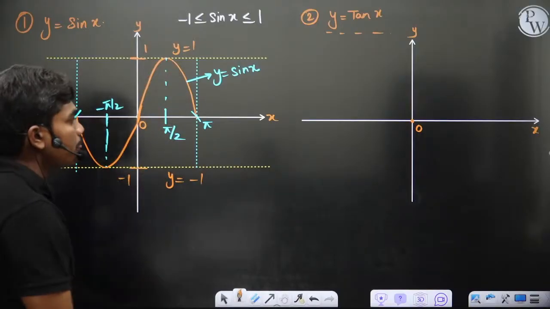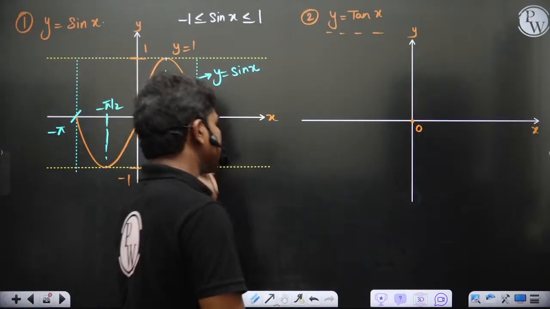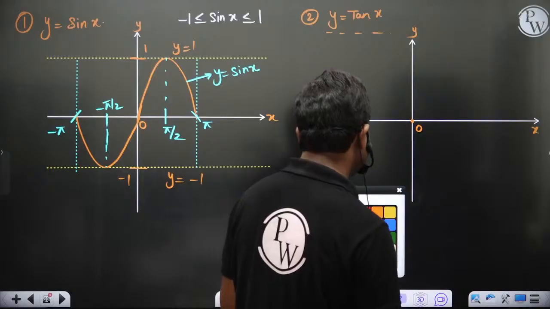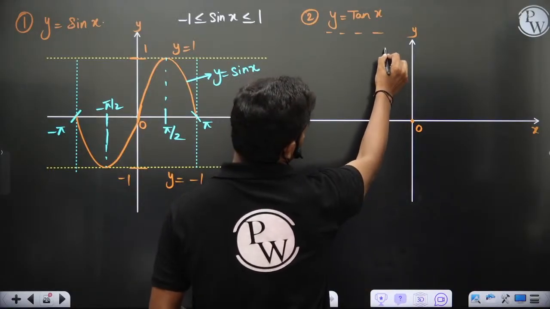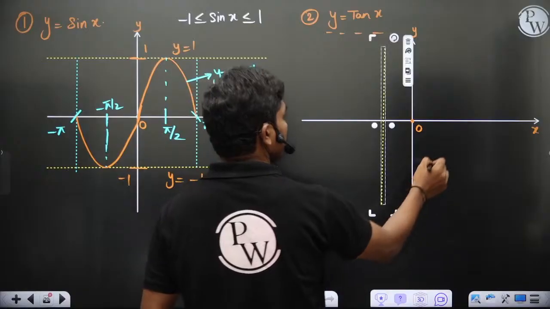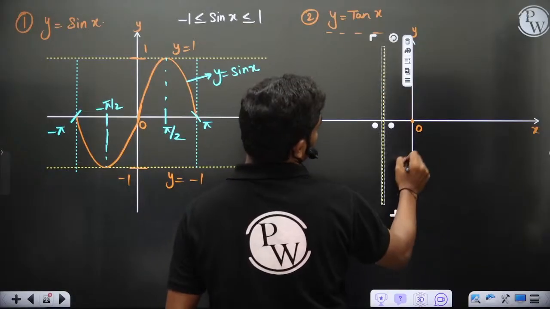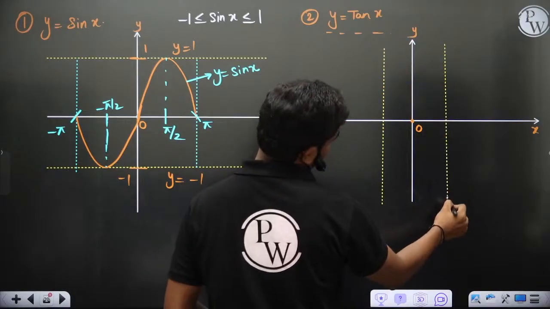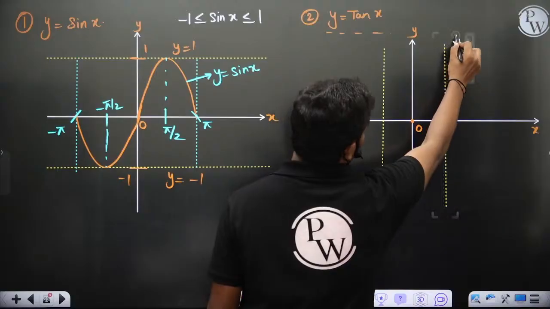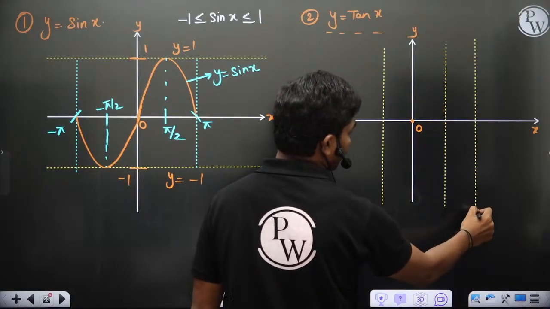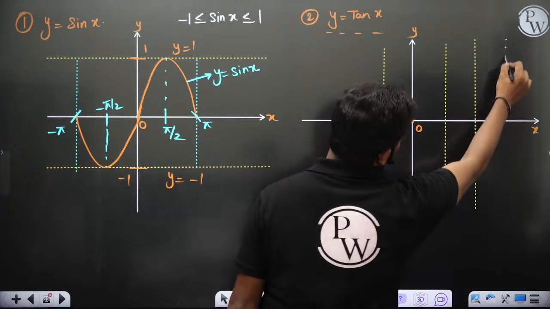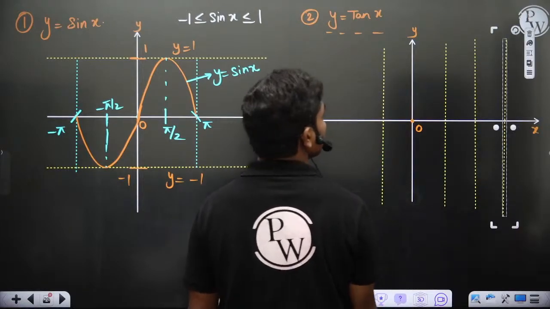Now let's check for periodicity. Yes, tan is periodic. If this is minus pi by 2 and this is pi by 2, then again you have things like pi, then 3 pi by 2, of course.